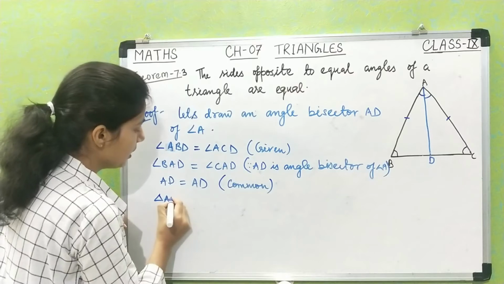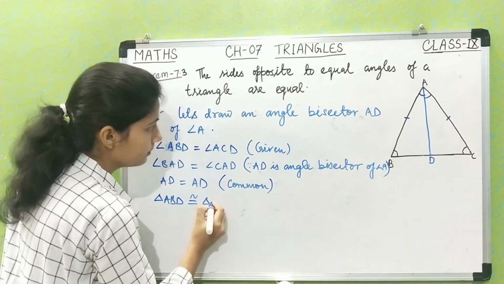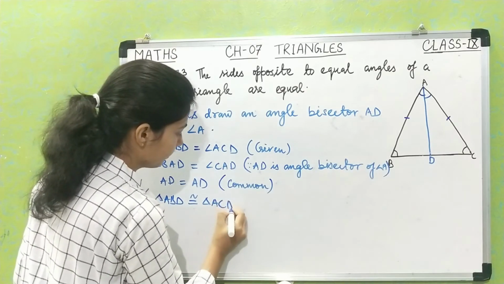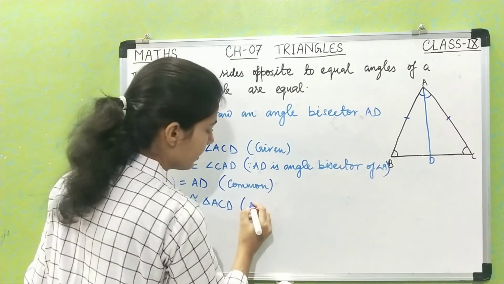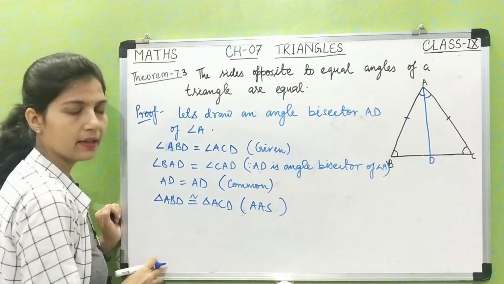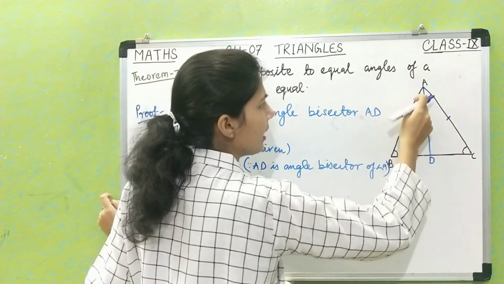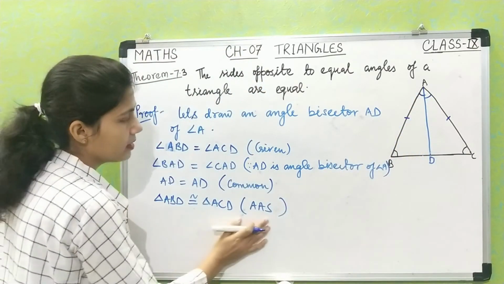Triangle ABD is congruent to triangle ACD. These two triangles are congruent. By which criteria? AAS, angle, angle, side, or you can write side, angle, angle. Both ways. So these two triangles are congruent.